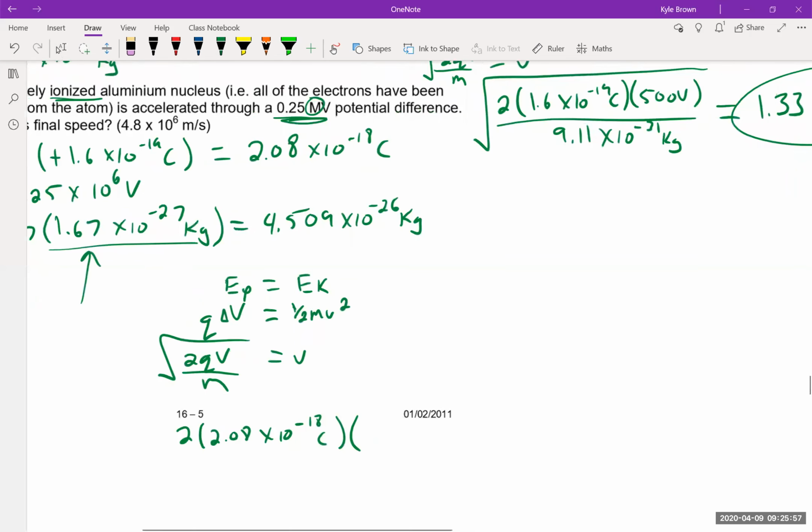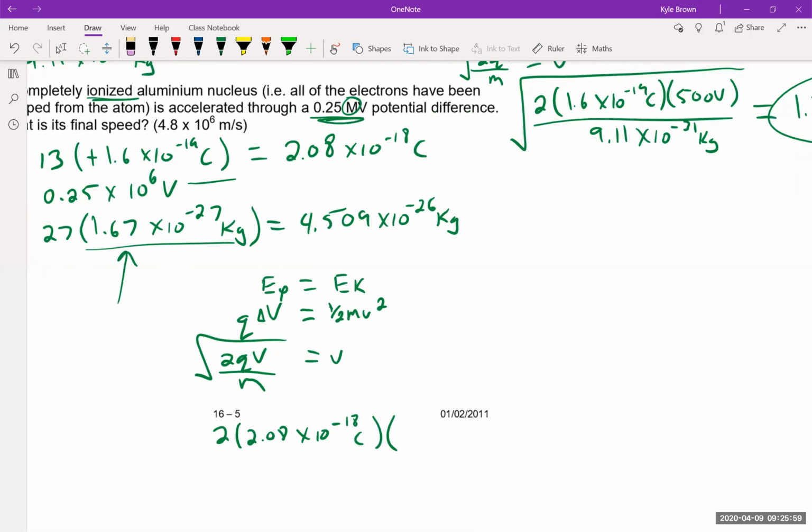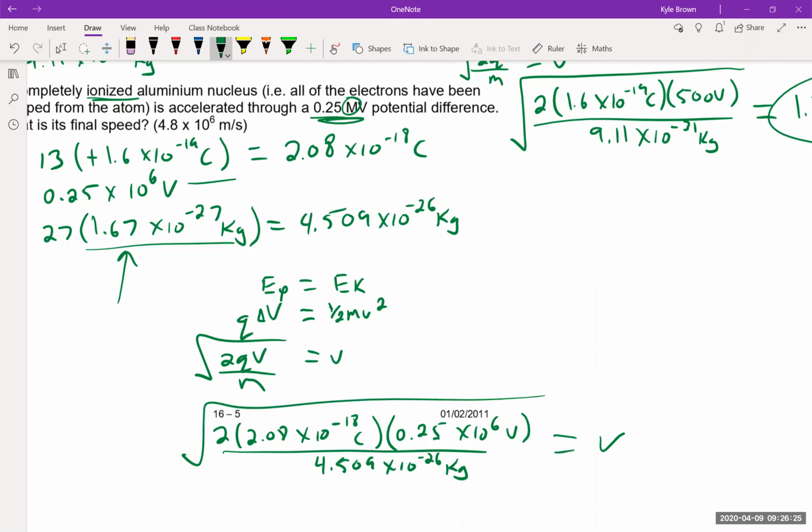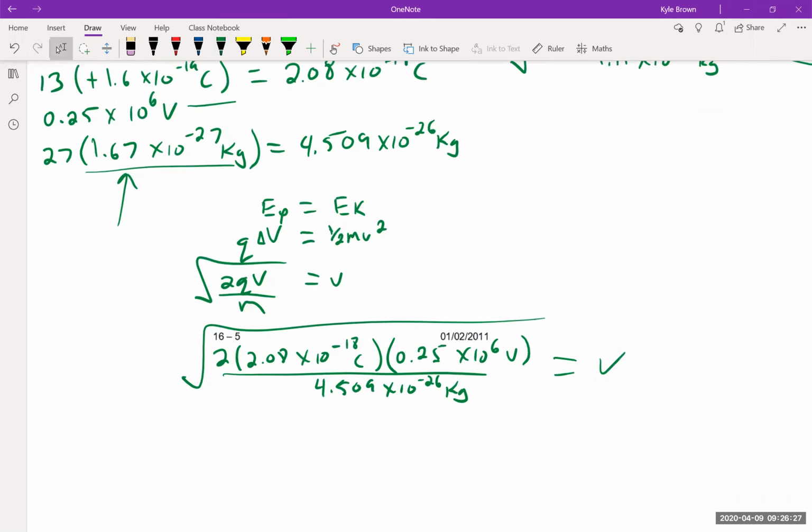It's just the way it is on my sheet, but I'll write it the same way as it was up here. 0.25 times 10 to the 6 volts, which would be the same thing as 2.5 times 10 to the 5, over 4.509 times 10 to the negative 26 kilograms. And then that was all square root. So in the end here, we get a velocity of 4.8 times 10 to the 6 meters per second.